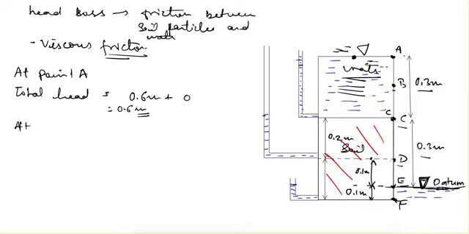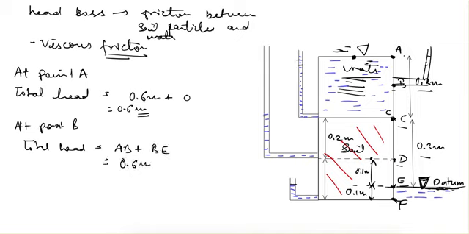And now at point B, point B is still in water, so still no head loss will be taking place. At point B, if a piezometer is inserted, the water will still rise up to the surface, so pressure head will be AB and datum head will be BE, so AB plus BE, that is equal to AE, that is 0.6 meter.